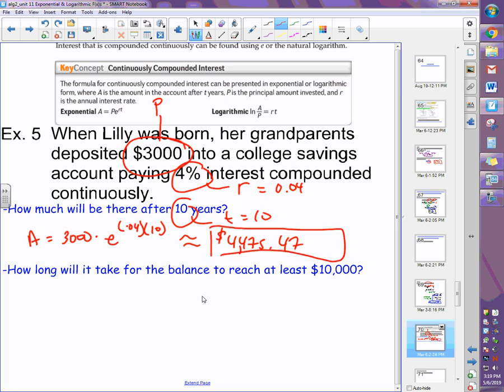The next question says, how long will it take for the balance to reach at least 10,000? So we know we want A to be 10,000. We know we started with 3,000. We know our rate, 0.04. We don't know T. So the first thing I would do is divide both sides by 3,000.